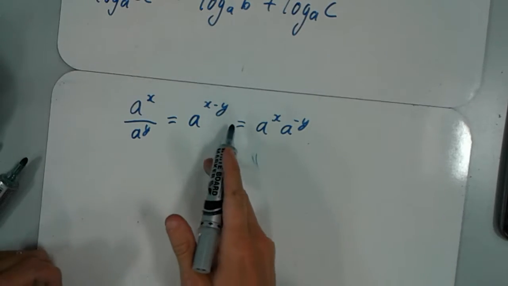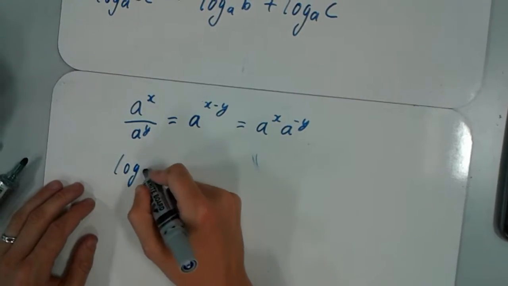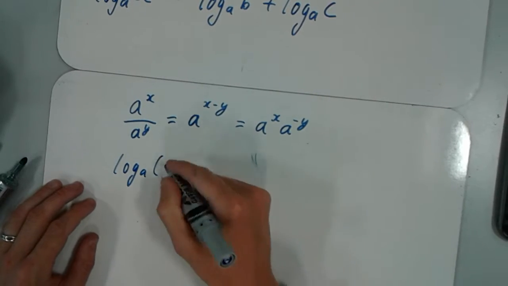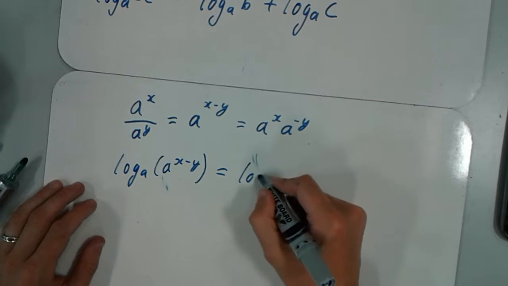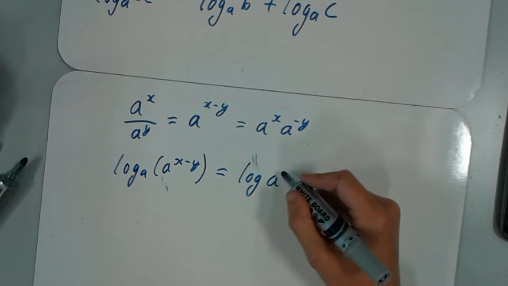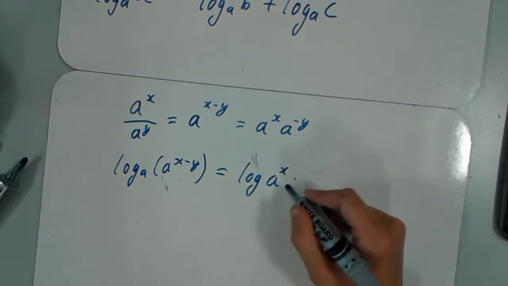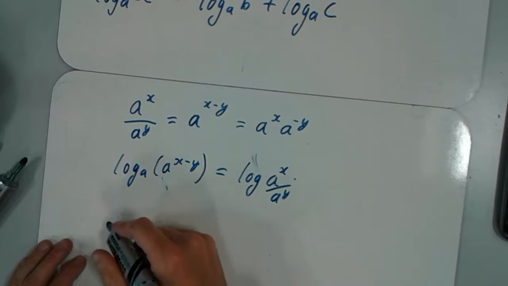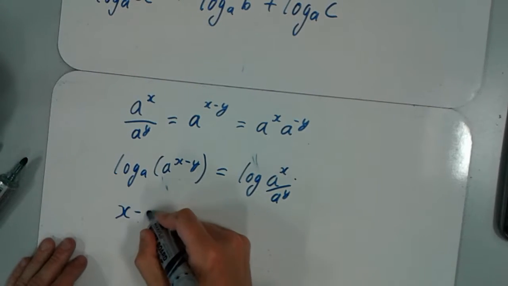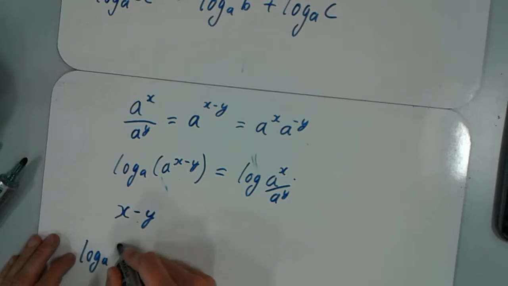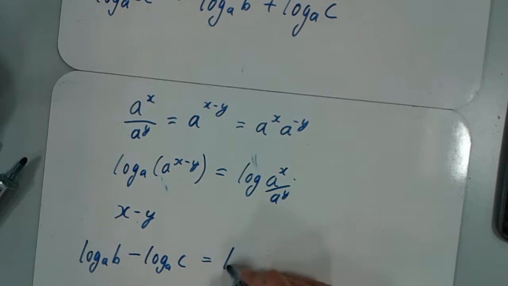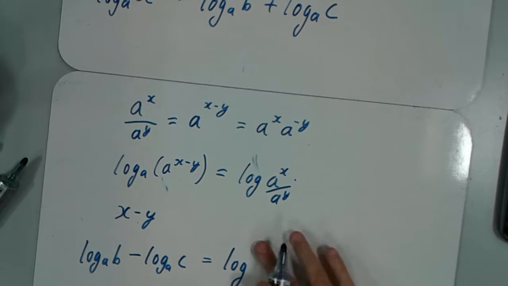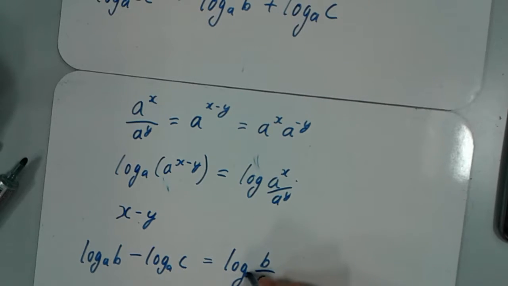Once I know that, I can use the same logic to arrive at the fact that log b minus log c is equal to log of b over c.